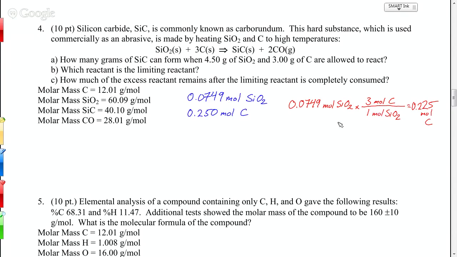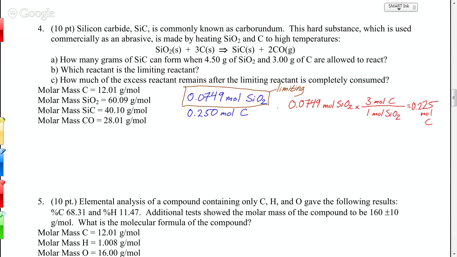So which one's limiting? The SiO2 must be limiting because we have more than what we need of the other one.